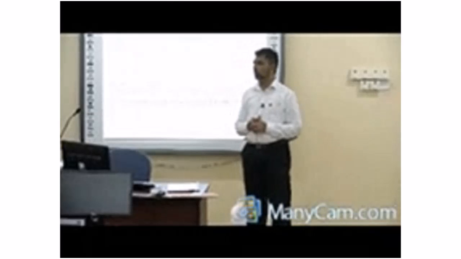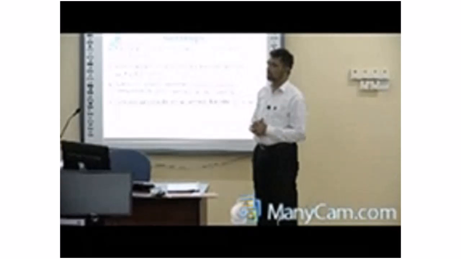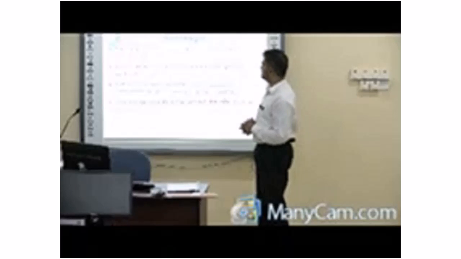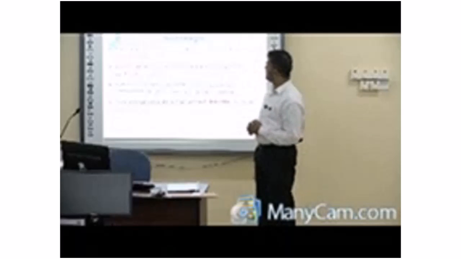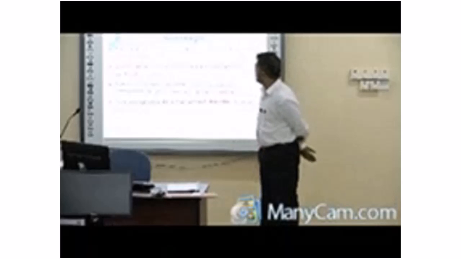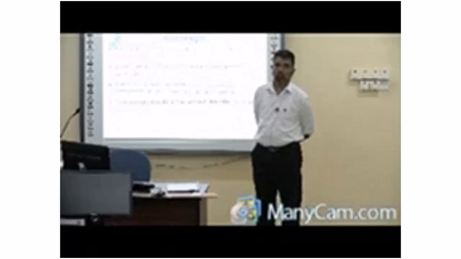Now you can see examples. A manufacturing plant labels items as either defective or acceptable.